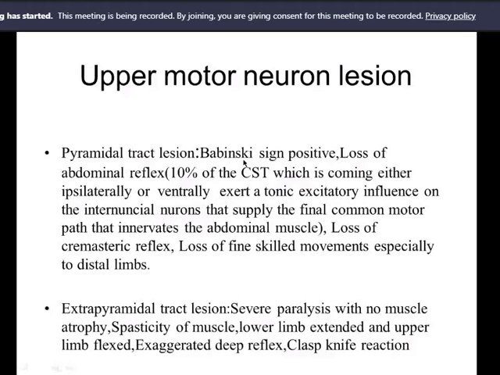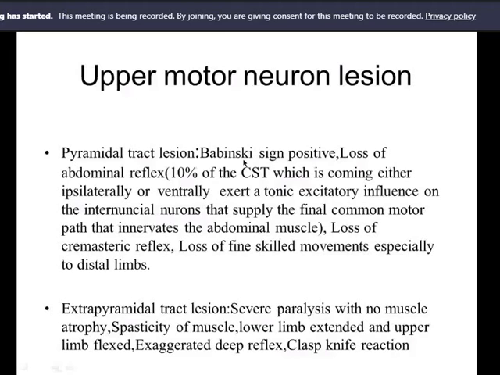If there is pyramidal tract lesion, then the toe will be up and the other toes of the foot will be fanned out. Fanned, F-A-N-N-E-D. Right? So that is called positive Babinski sign.